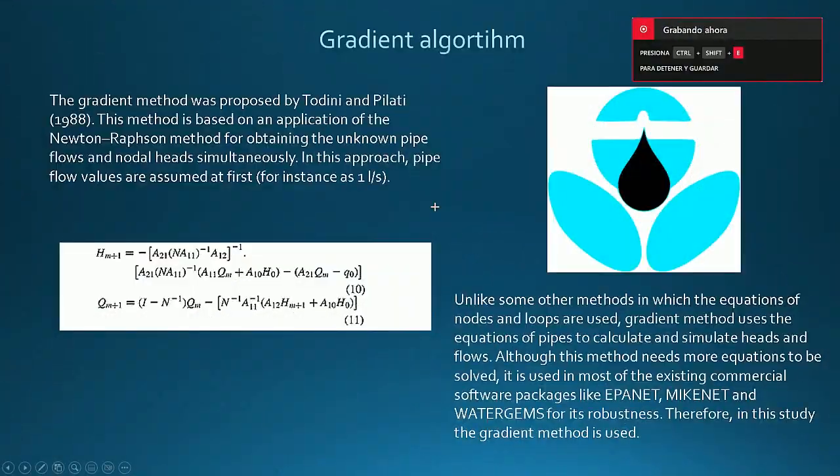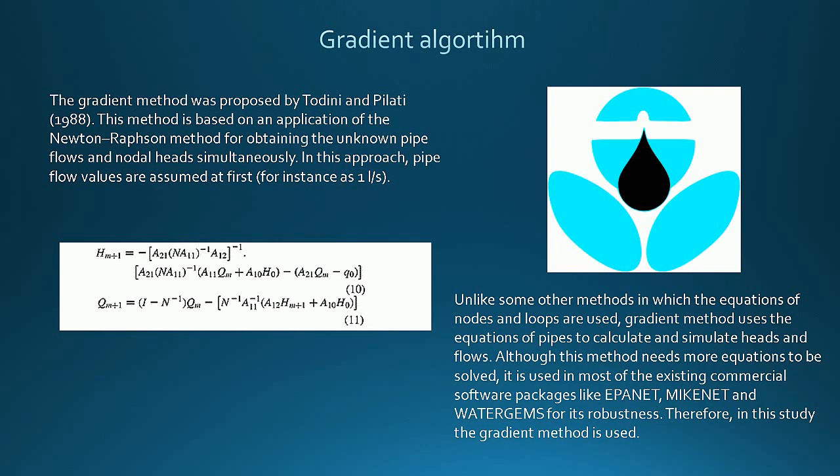Now the gradient algorithm. The gradient method was proposed by Todini and Pilati. This method is based on application of the Newton-Raphson method for obtaining the unknown pipe flows and nodal heads simultaneously. In this approach, pipe flow values are assumed at first, for instance 1 liter per second. Then, by solving the linearized equation of head loss in pipes and the linear continuity equation of nodal flows simultaneously, improved values of pipe flows and nodal heads are obtained directly, while in other methods corrections for heads and flows should be calculated first.